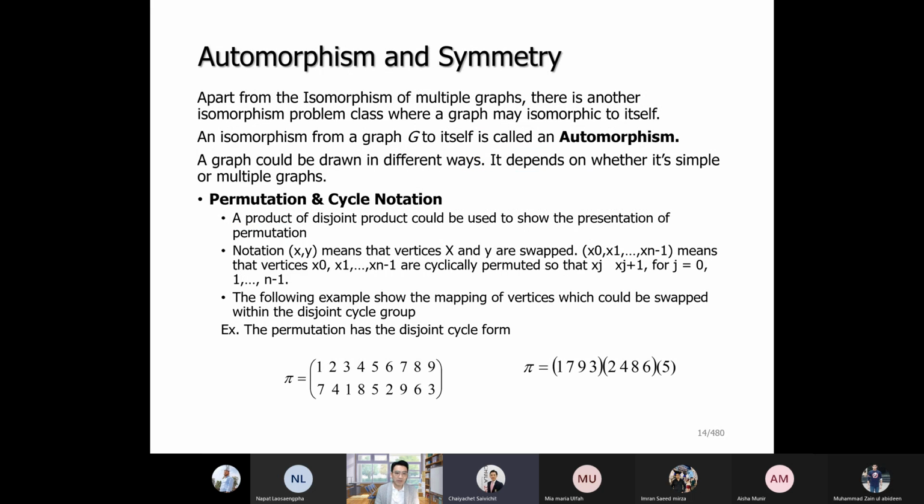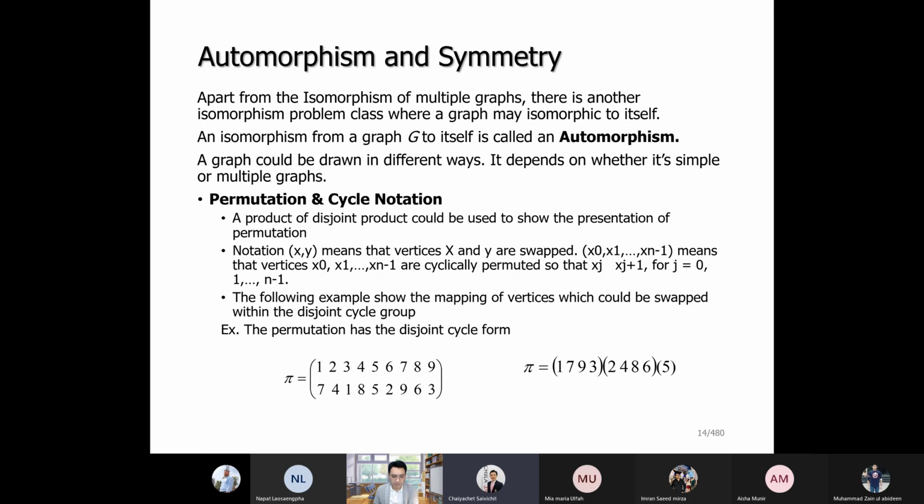So we have something called automorphism, or symmetry. This is where you have one graph and you want to draw that graph in a different format of labeling. This is called automorphism. Auto is itself, right? So we're talking about isomorphism of two graphs, but there is another isomorphism problem class where a graph may be isomorphic to itself.